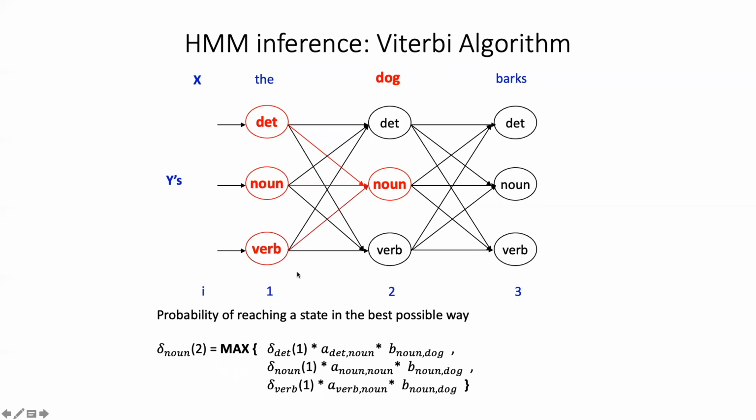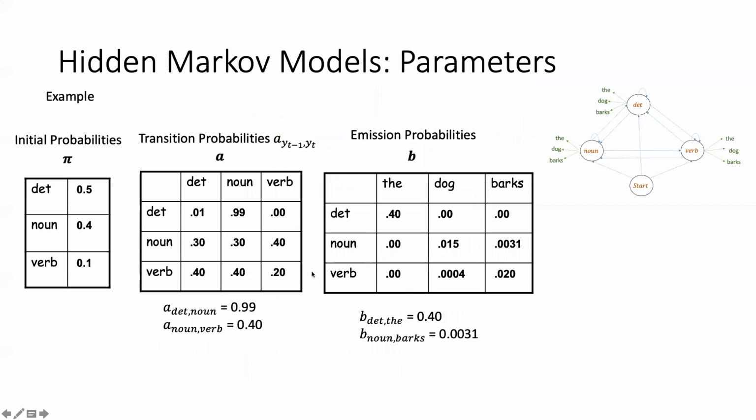Similarly, we can compute the path associated with verb to noun using this equation. So out of these three, we have to find the best possible path. So let's consider the previous values and substitute the values here. So these are the values.